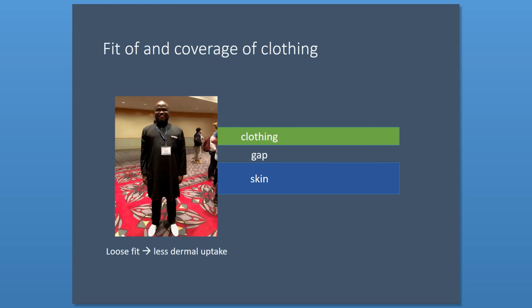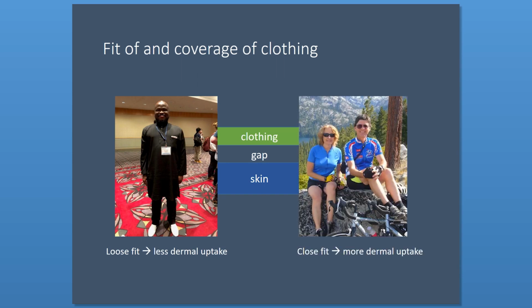But you can imagine if you have loose-fitting clothing, like this colleague of ours who usually wears quite loose-fitting clothing, you would have less dermal uptake from the clothing. Whereas if you have tight-fitting clothing, you have more dermal uptake. And the difference between loose and tight actually doesn't seem like a whole lot, but it turns out that it does matter quite a bit in the mathematical models. Tight-fitting clothing can be quite influential.